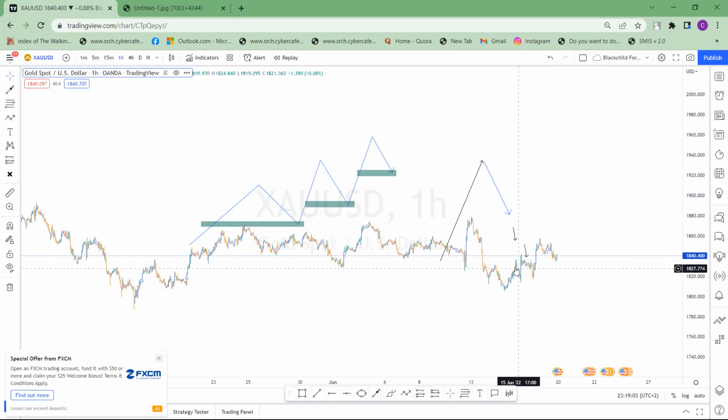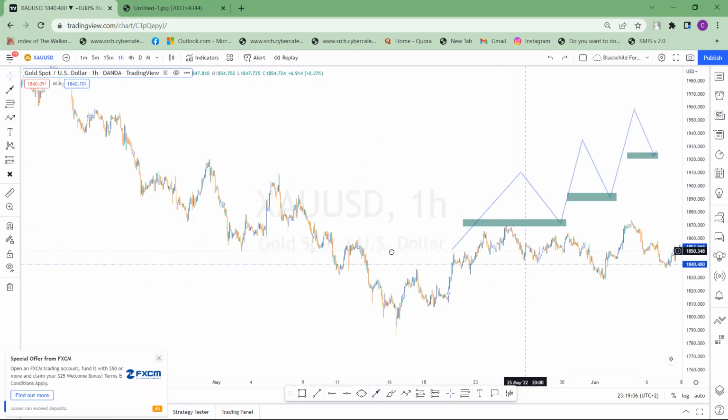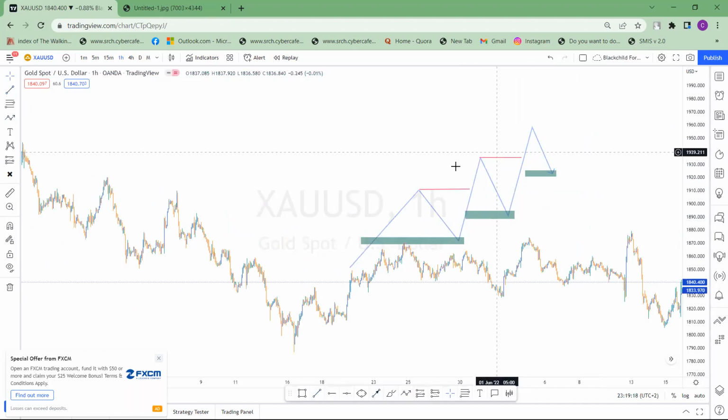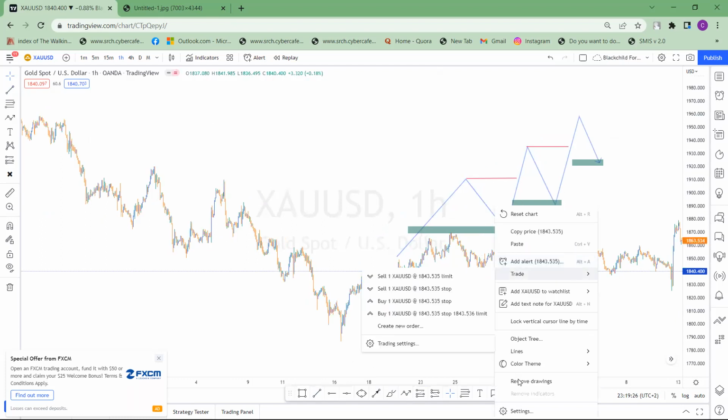So remember, last time I also talked about breaking of structure. We were doing something like this, whereby the market was coming and breaking the structure. So I said that wherever you see price breaking a structure, just know that we are still in that kind of momentum. We are still pushing to the upside.